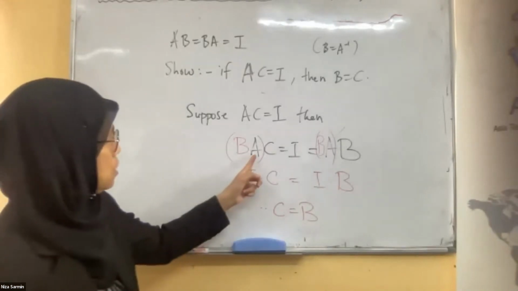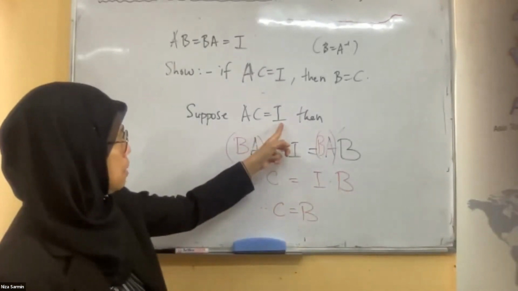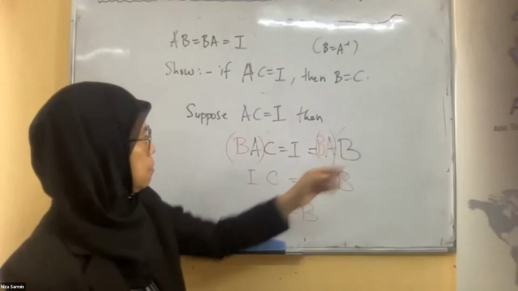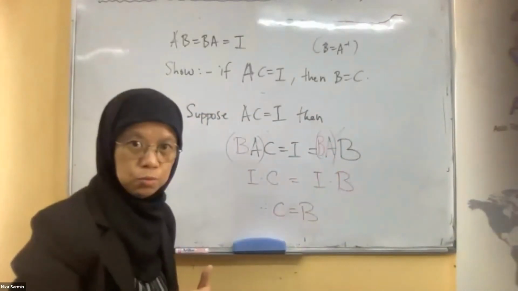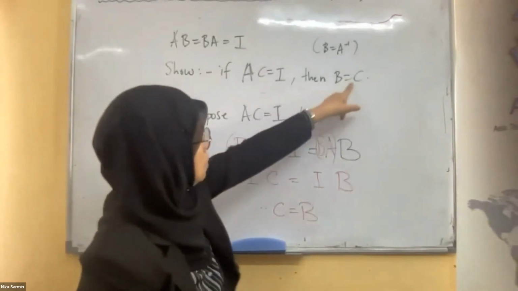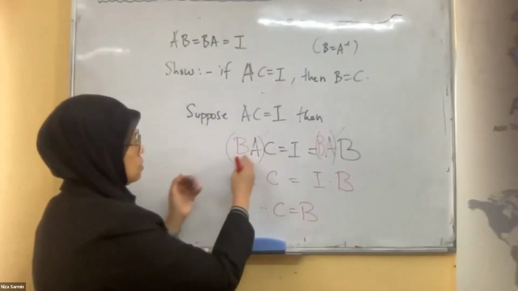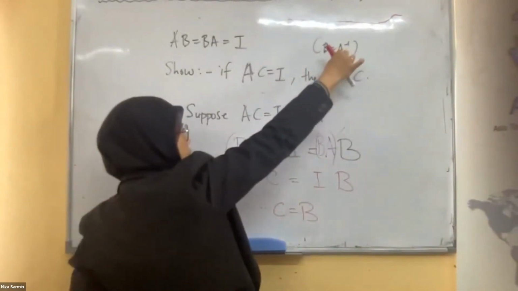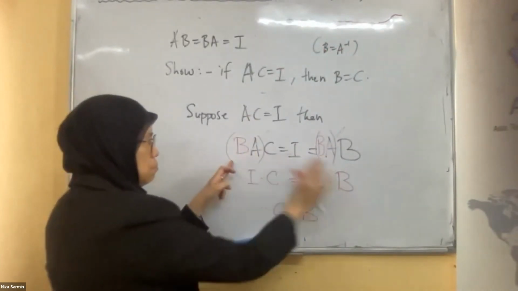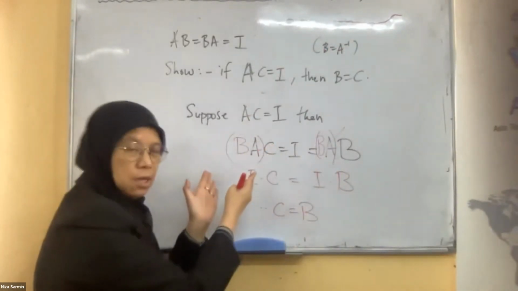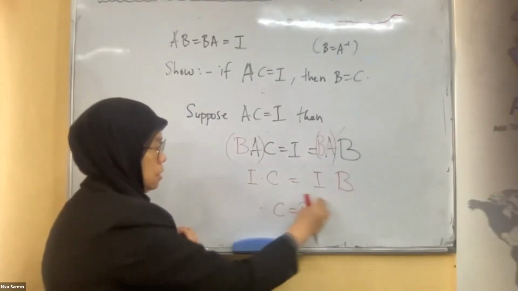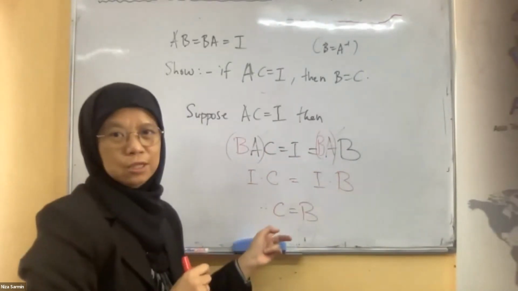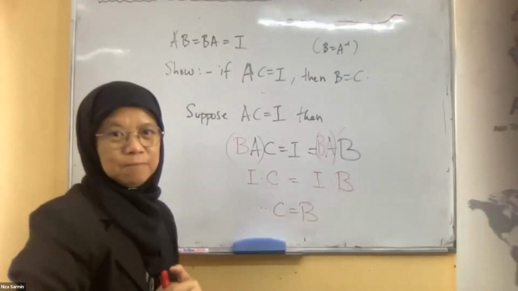We are given AC is I, but we know I is also AB. So how do you cancel the A? You want to show B is C, so you multiply by the inverse of A, which is actually B, on the left, both sides. BA is I, and IC is C, IB is B. So you get the answer.